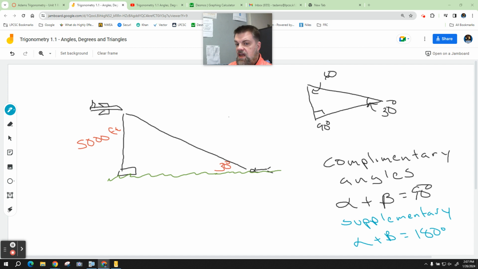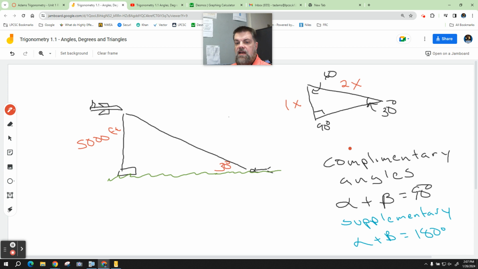So then the ratios for this triangle should be the shortest side, which is across from the 30-degree angle. That should be 1 times x. The hypotenuse should be 2 times x. Okay?